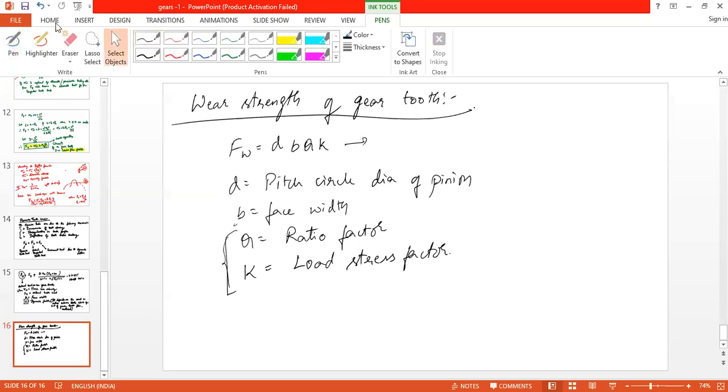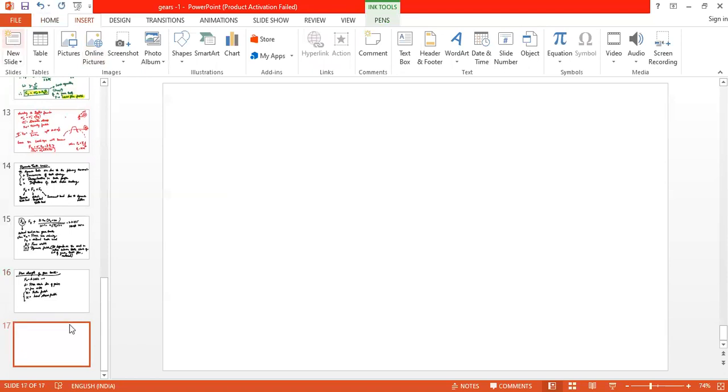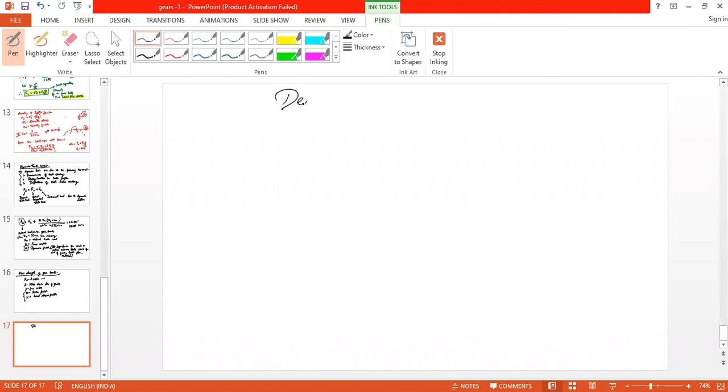Okay, now all of you listen carefully. The design procedure. So far you have come to know about the various equations which are to be used, and you know how to calculate those.